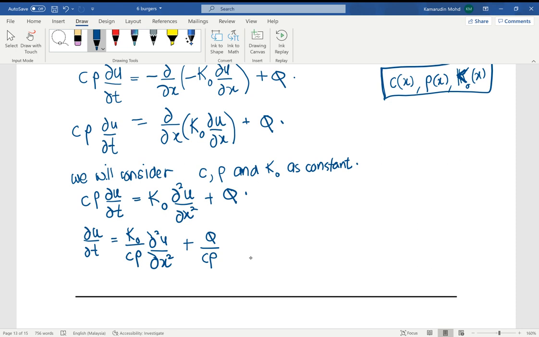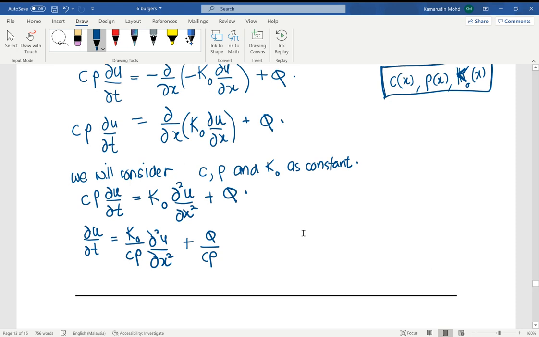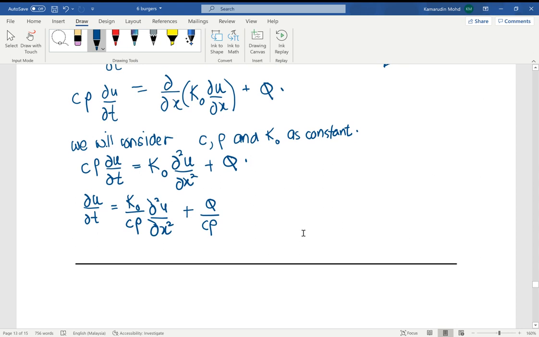Okay, so in this case, k naught over C rho is constant. Physically, k naught over C rho is constant now, known as, if I'm not mistaken, the thermal diffusivity.